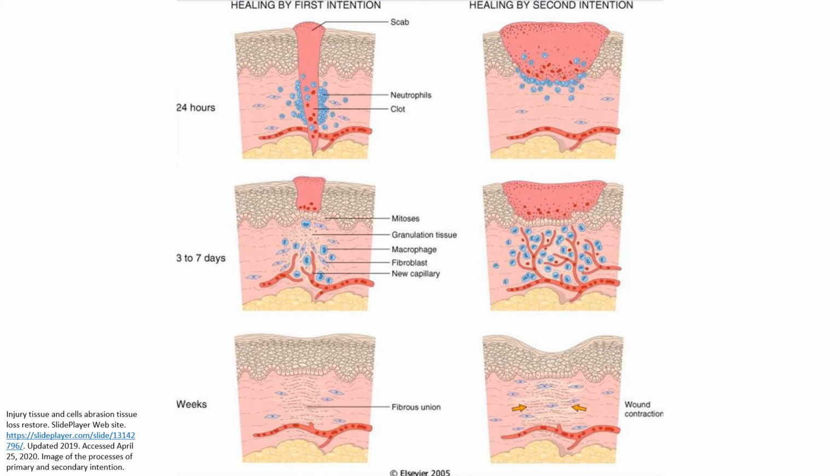So in the 3 to 7 days image, as you can see, there are many cells present, and the orientation of various fibers within the extracellular matrix is quite disorganized. In this case, as you can see, there is fibrous union, and the joining together of the fibers of the extracellular matrix now all go in the same direction.